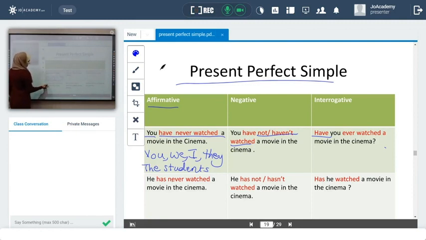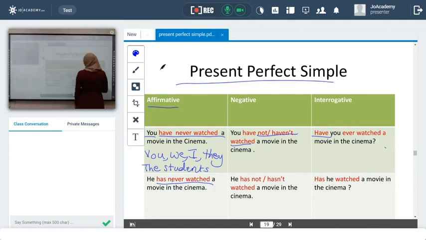So he has never watched a movie in the cinema. In the negative form, we use has not. So we say he has not or hasn't watched a movie in the cinema. And in the interrogative form, or to form questions, we say has he watched a movie in the cinema.